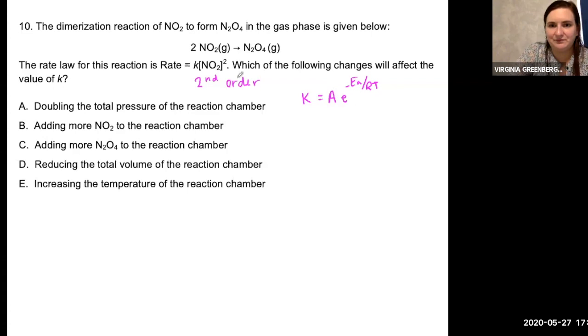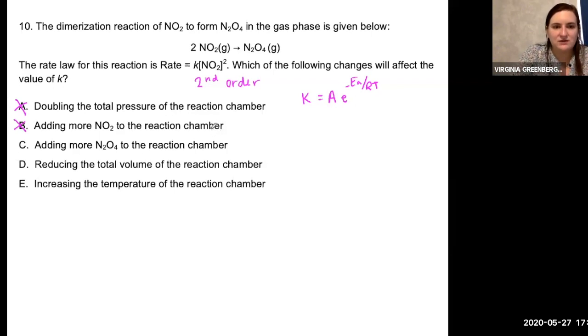I don't think so, nope. If anything, it would change the partial pressure of the NO2, maybe. Okay, B says adding more NO2 to the reaction chamber. Again, changing the amount of NO2 in the reaction will change the rate, but not the rate constant. So that's out.